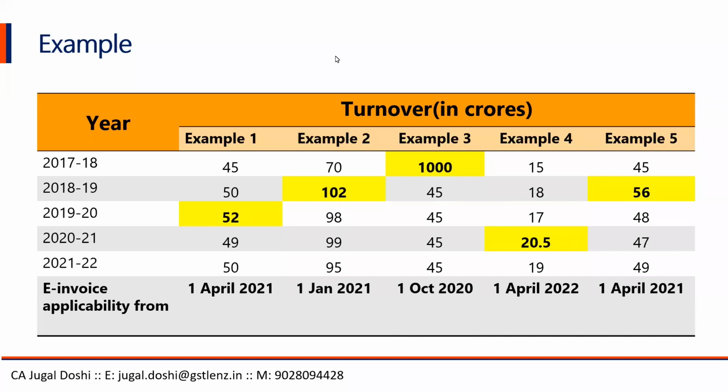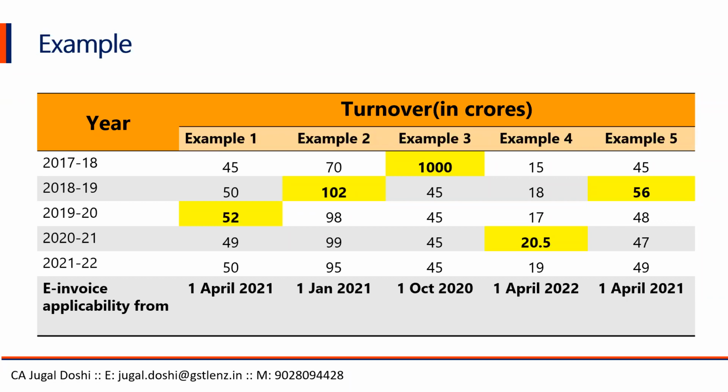Similarly, in the fourth and fifth examples, we get the applicability date. What is important over here is we have to see turnover for the financial year 21-22 also, the financial year which has just ended 3 days ago. There can be clients whose turnover up to 2021 has never crossed 20 crores, but in 21-22 they have crossed the 20 crores.